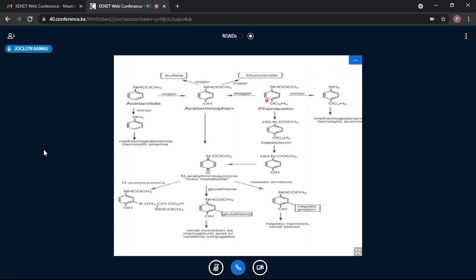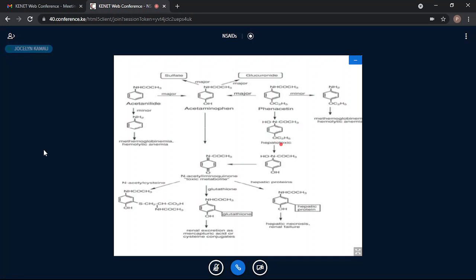Now phenacetin, as we are going to see also with paracetamol, because of this NH group, you see this has a hydrogen. This is Bn, C double bond O CH3, NH, C double bond O CH3. That hydrogen can allow for oxidative hydroxylation to give us the hydroxyamine derivative. And this hydroxyamine derivative is hepatotoxic.